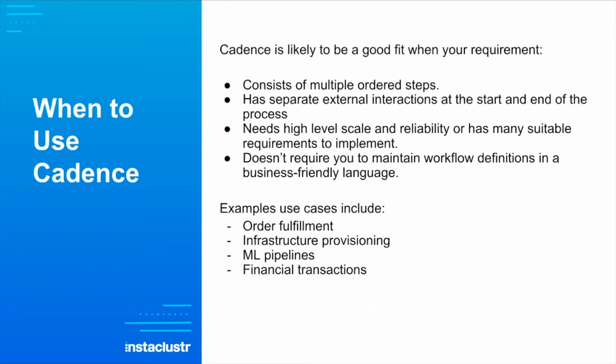People do use it for actual financial transactions where you've got multiple steps in the process and need to make sure that is a highly reliable process. They are just examples. It is a generic service for building applications. So the business applications are pretty endless.